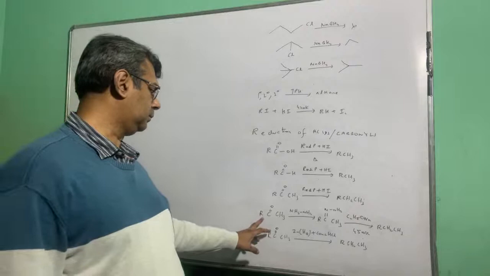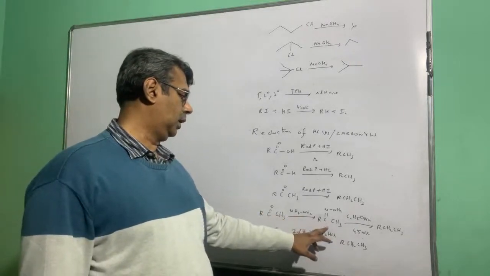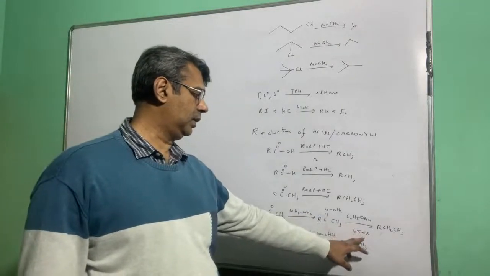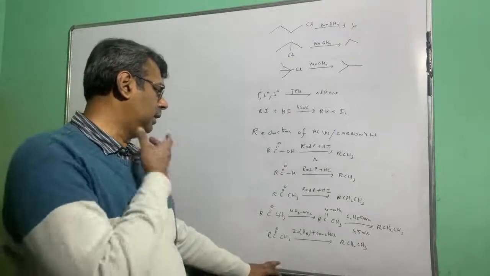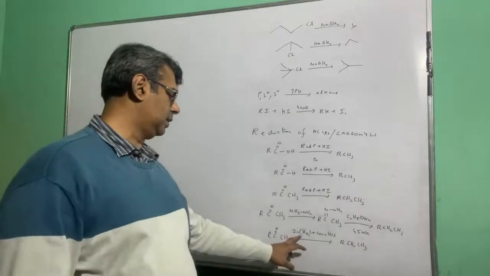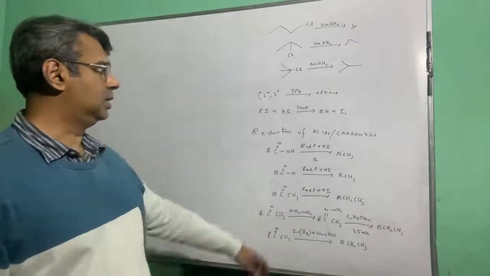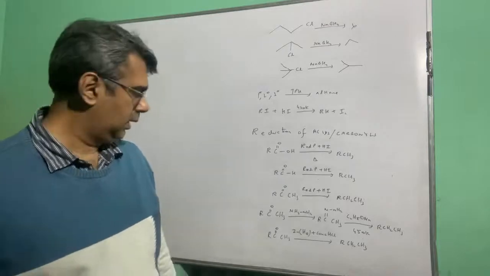Then RCOCH3 with NH2NH2 will give one intermediate, which with sodium ethoxide at 450 Kelvin will give alkane, and ketone plus zinc mercury amalgam plus concentrated HCl will give alkane.